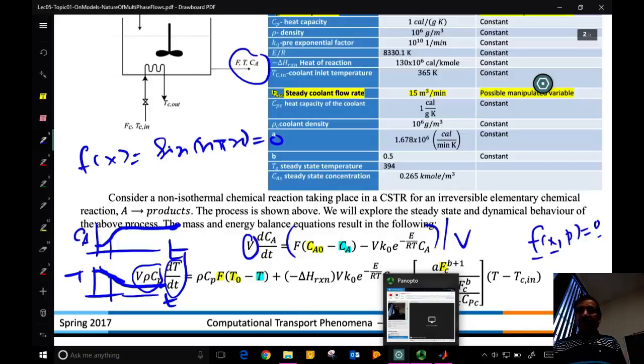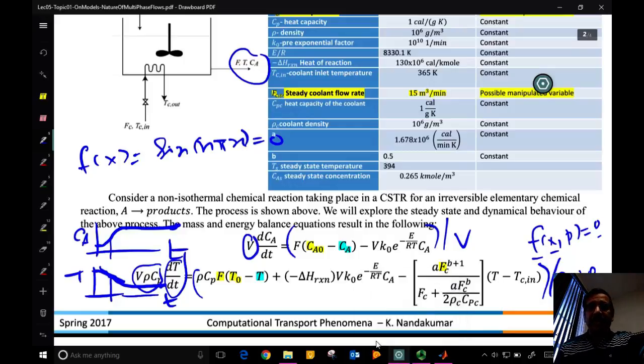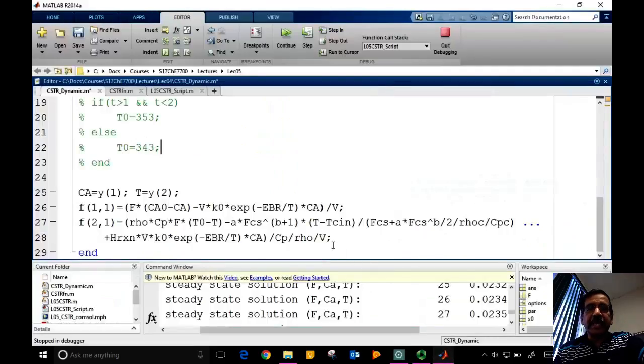But now for the dynamic problem, you must have the whole thing divided by rho V Cp. Okay? Because the time constant information is contained in that, right? And you will see that I have it here. I also had it in the original function for fsolve because it didn't make any difference, but here it will make a difference. Okay? So why does it work?